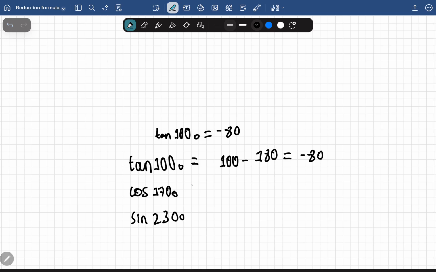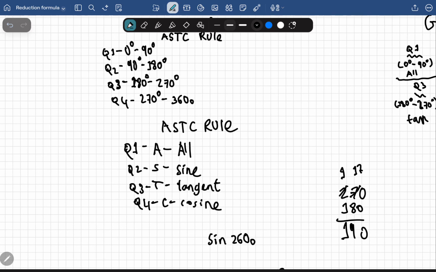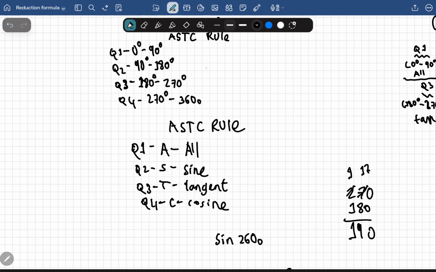Next we have cosine 170 degrees. And let me tell you, 170 degrees is nowhere close to where cosine is. So what will we do?